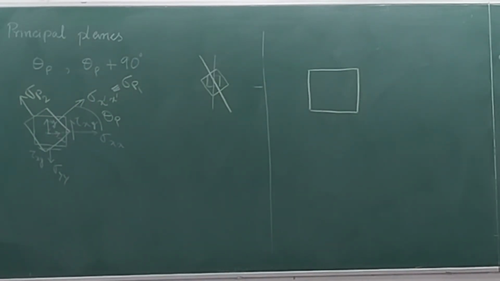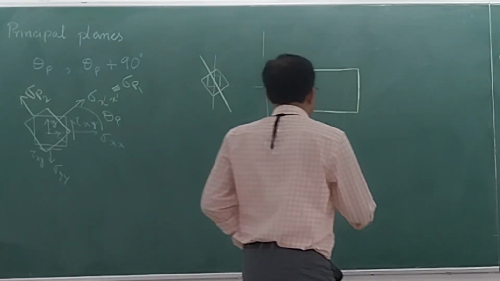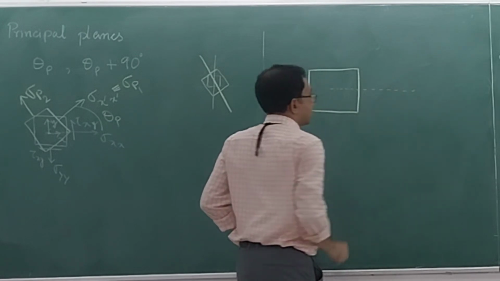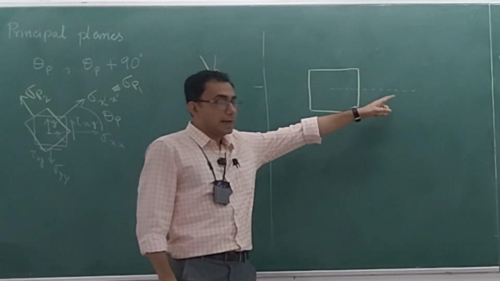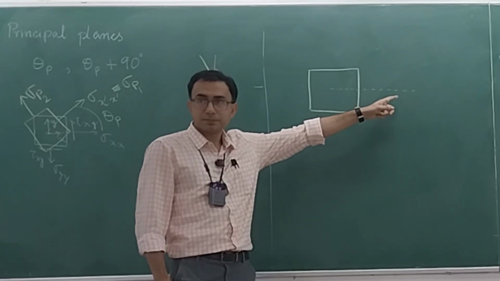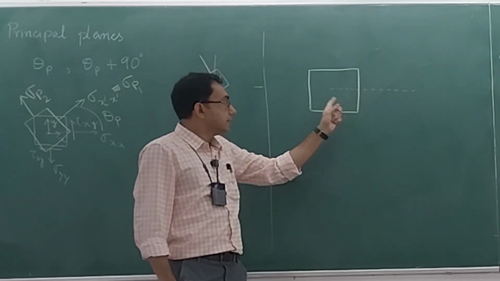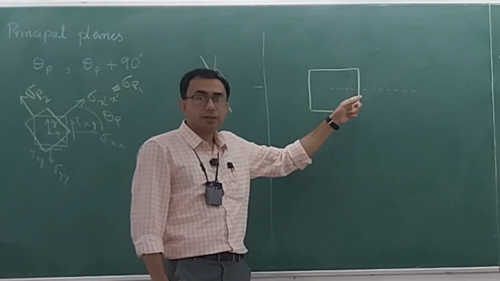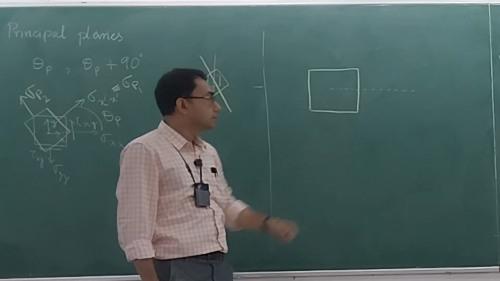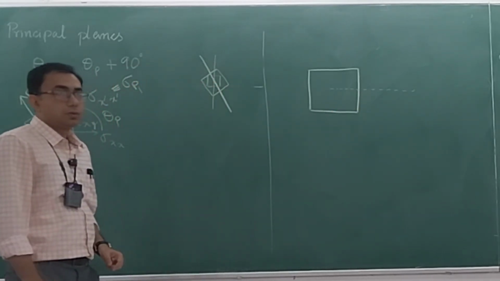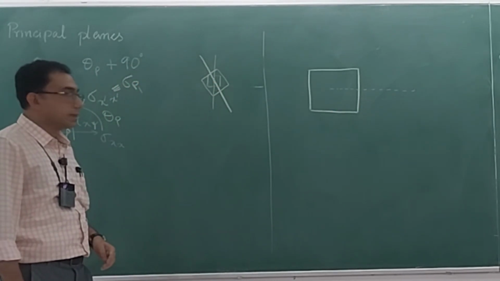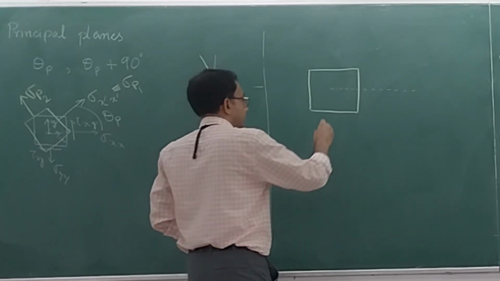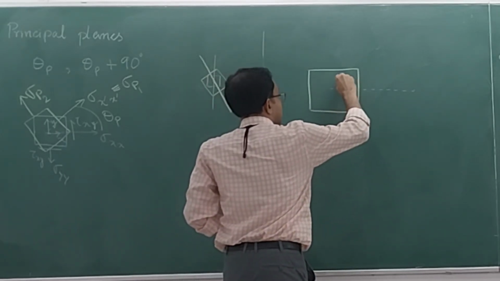So let me orient the axis first. This, mind you, is not the x-axis. This line depicts the unit outward normal to the plane, which is the principal plane. So at 45 degrees to it, I'm going to have something like this.